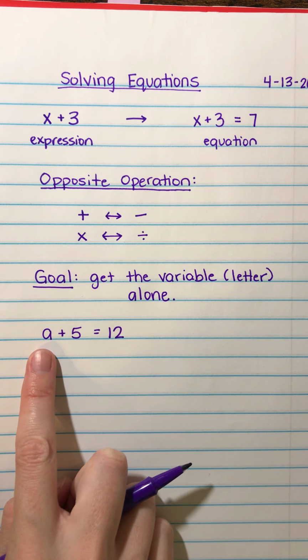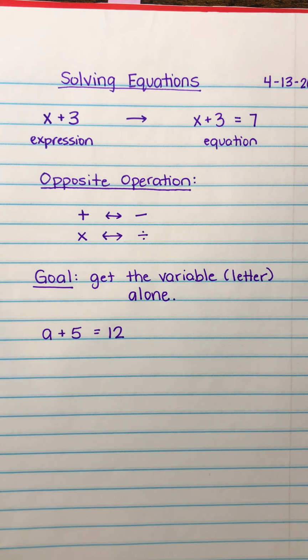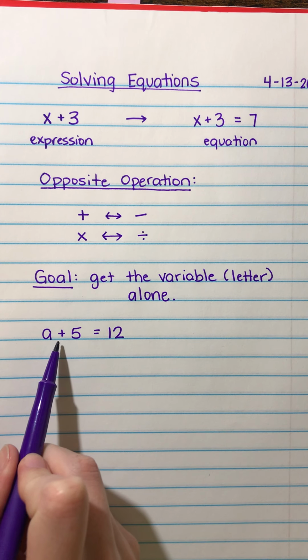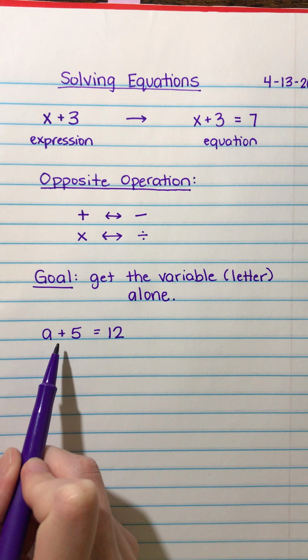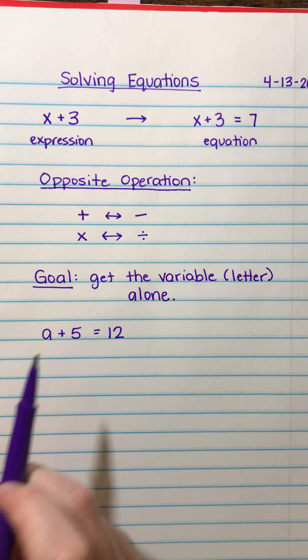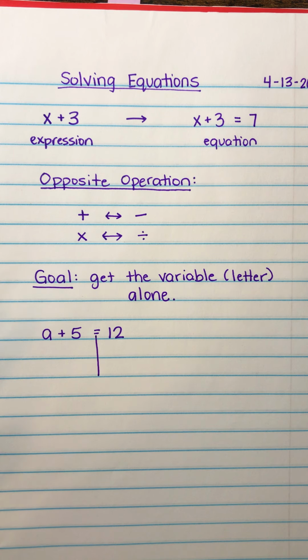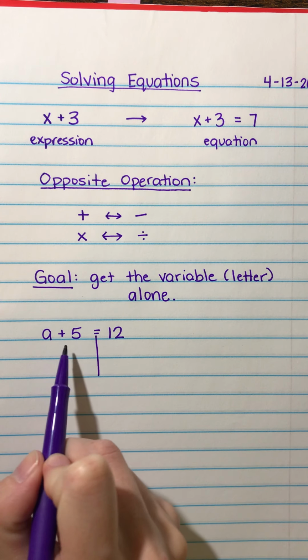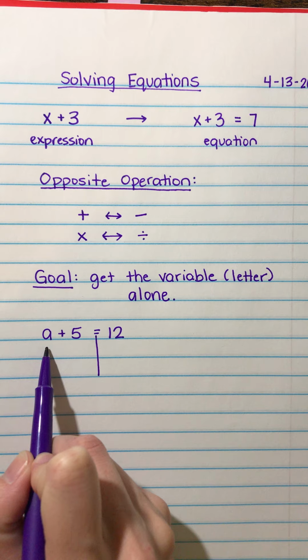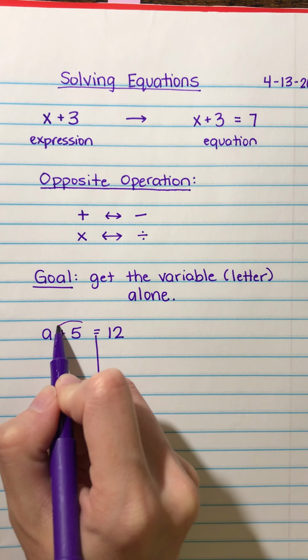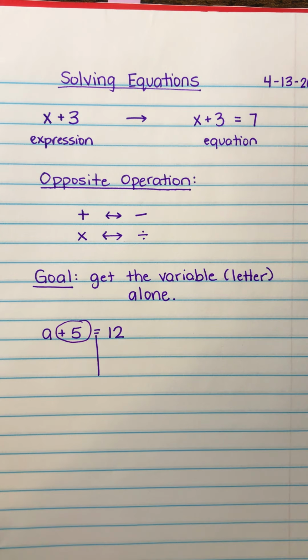The way I have to do that is I have to use my opposite operations. Right now I see that I have an addition sign in the problem, and again, I want to get a by itself. I'm thinking of this as there are two sides to the problem, split by the equal sign. I need to get a by itself, which means I need to get rid of this plus 5.